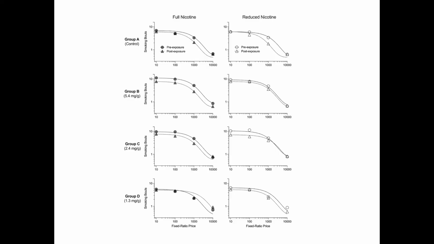And what we found, as you can see, is a reduction in demand post-exposure. But that reduction was similar across all the levels of reduced nicotine cigarettes, and we even saw it for the control condition on the top row who received full nicotine cigarettes during that at-home exposure period.